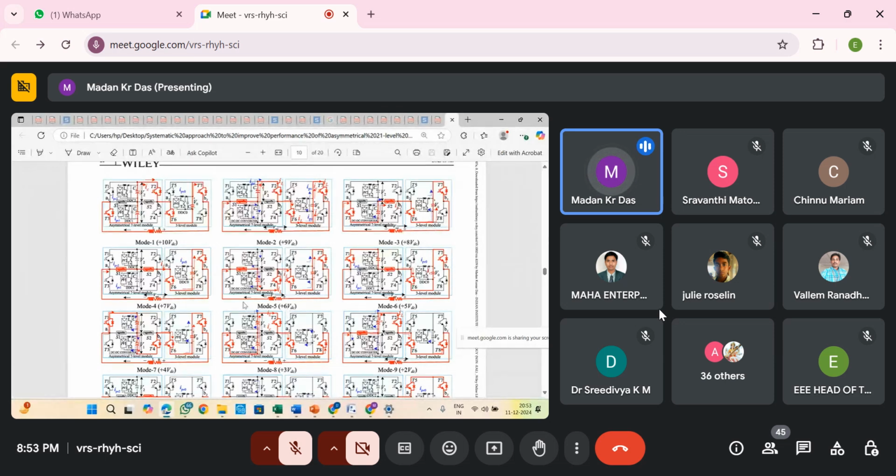And for 6 VDC, S1, T4, T6 and T7, and mode 6, 5 VDC. How? T1, S2, T6 and T7 will generate 7 VDC.